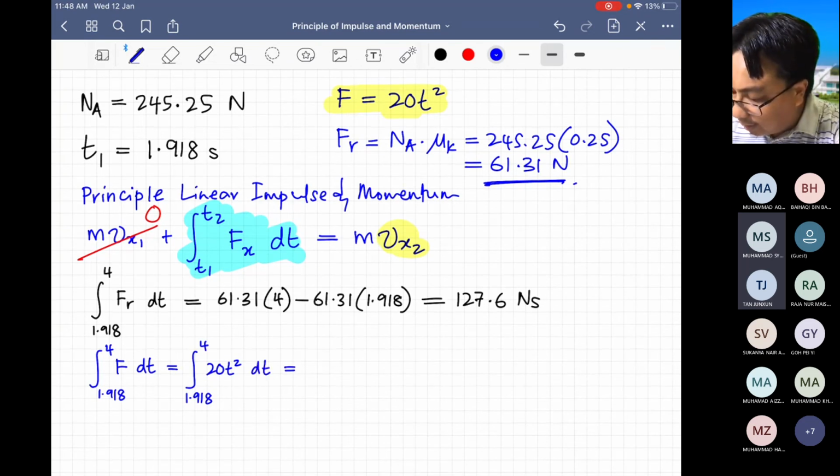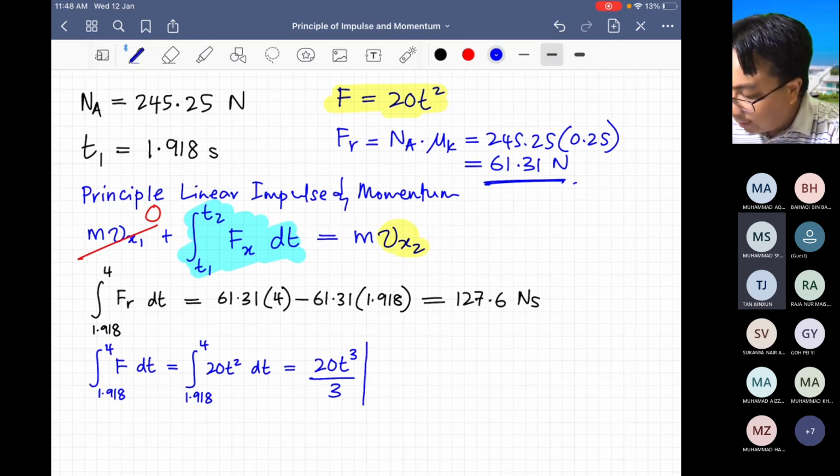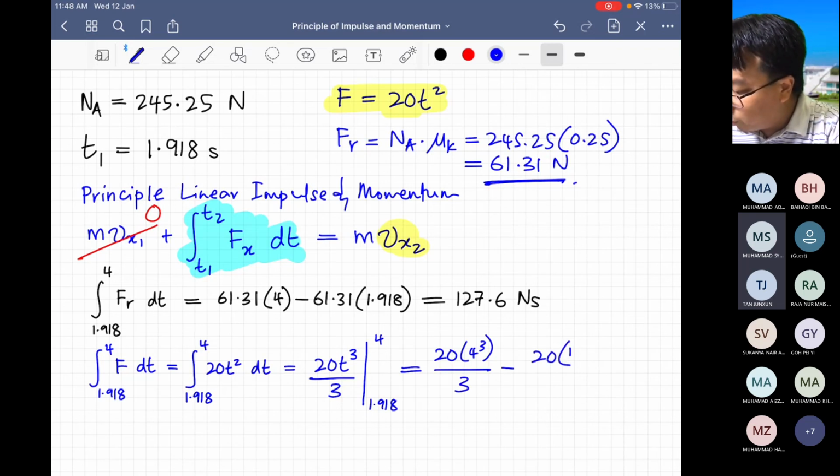Okey, sekarang ni baru akan jadi 20t to the power of 3 divided by 3, daripada upper limit ke lower limit lah. So sama dengan 20 times 4 to the power of 3 divided by 3 minus 20 times 1.918 to the power of 3 divided by 3.